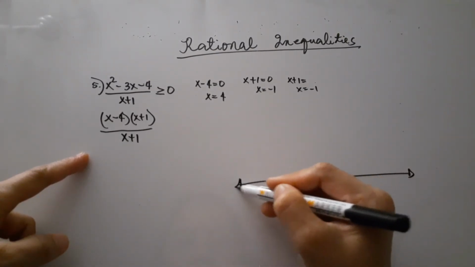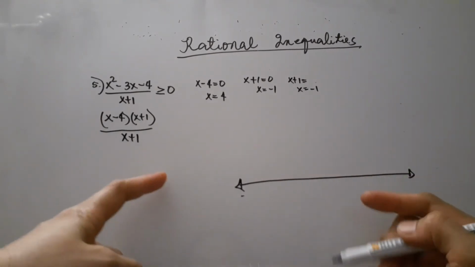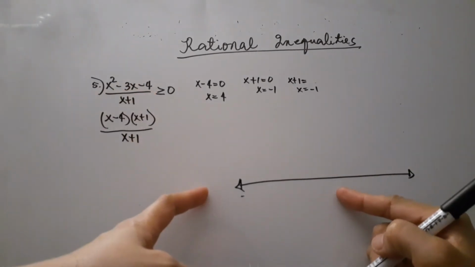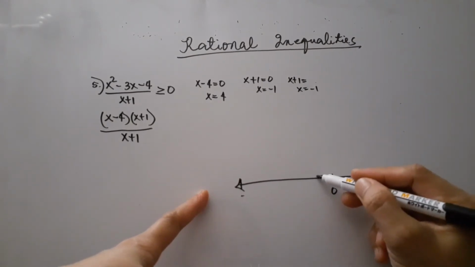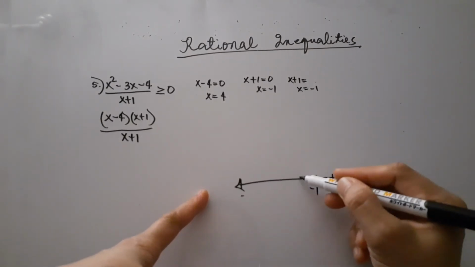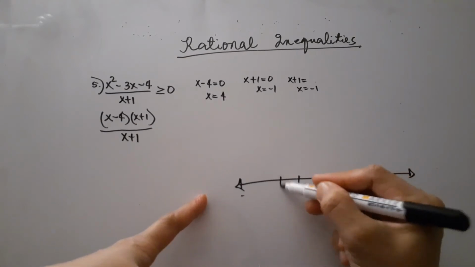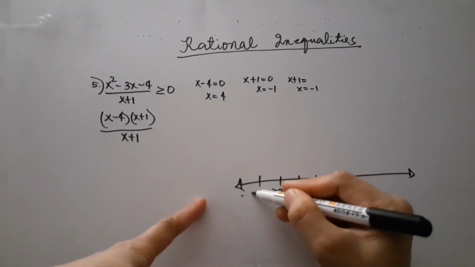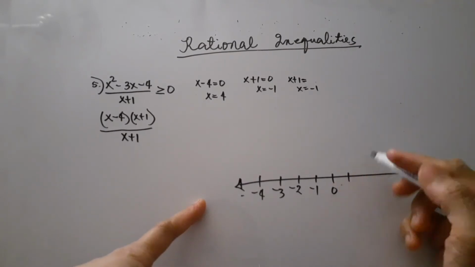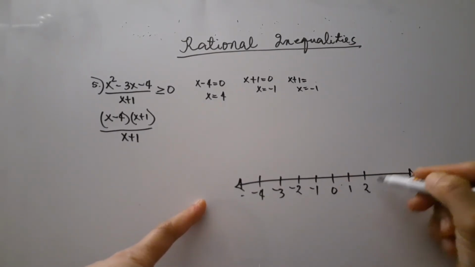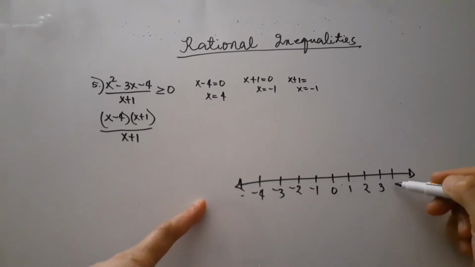Draw the number line here, and then we can use the sign diagram. So we locate its numbers. Negative sign belongs to negative infinity, and the positive sign belongs to the positive infinity.